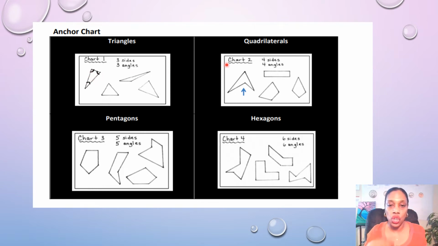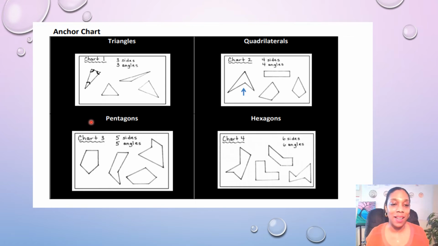Next, let's look at chart 2. That is called a quadrilateral. A quadrilateral, having that prefix quad means 4, has 4 angles. There's an angle here, an angle here, an angle here, an angle here, and 4 sides. 1, 2, 3, 4. Let's go to a pentagon.